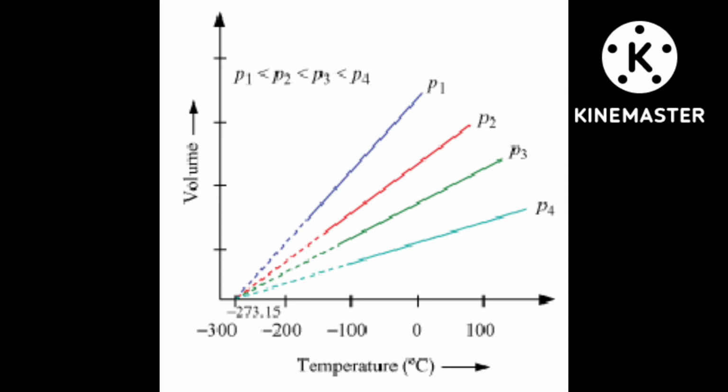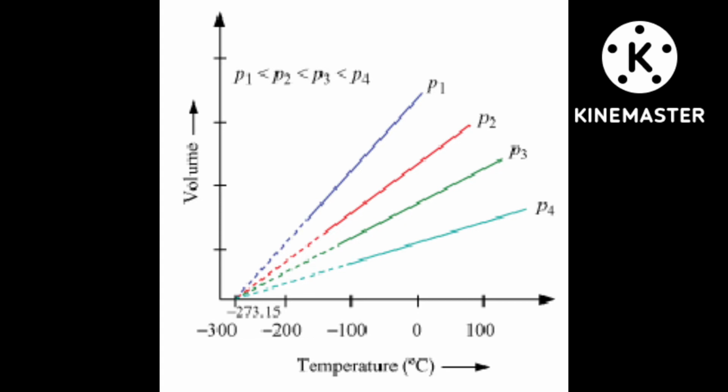Slopes of lines obtained at different pressures are different, but at zero volume all the lines meet the temperature axis at minus 273.15. At this temperature, volume becomes zero.